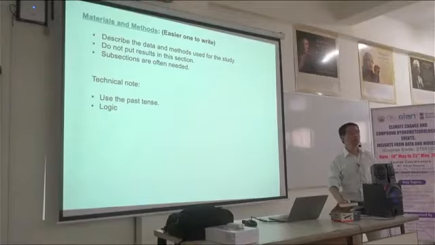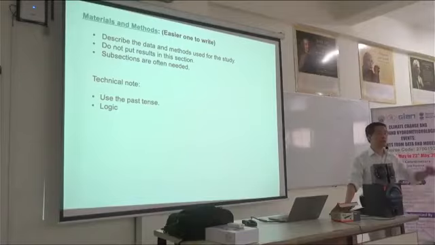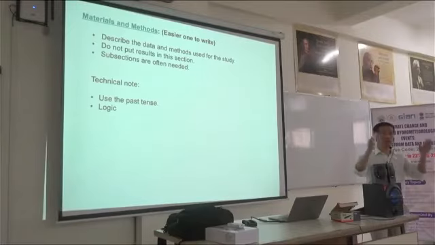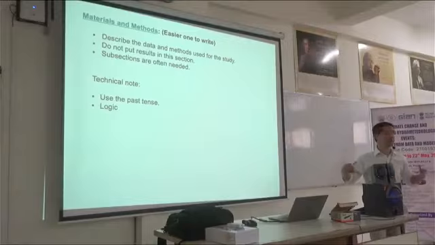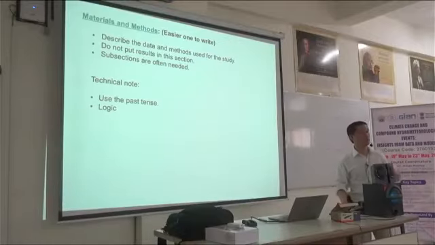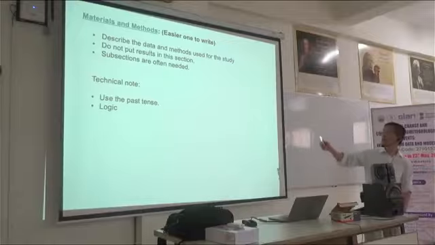So you try to find a good logic, maybe the material you use, the study region you have, what data set you use, what statistical method you use, whatever logic you found, you follow that. Then you can just write what you did in different sections. A lot of the time we use subsections.